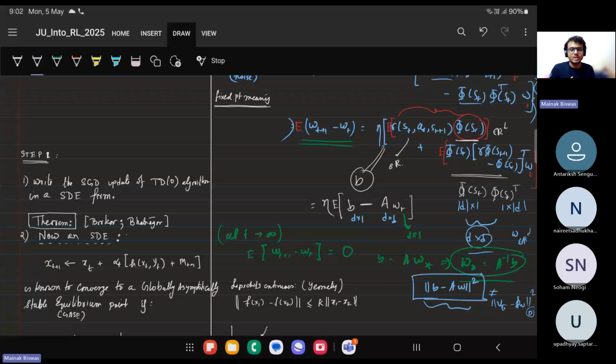So that's the first takeaway: we are actually trying to solve this equation. This converges at the fixed point of this equation and not the original equation that we had, that is phi V pi minus phi W D naught.